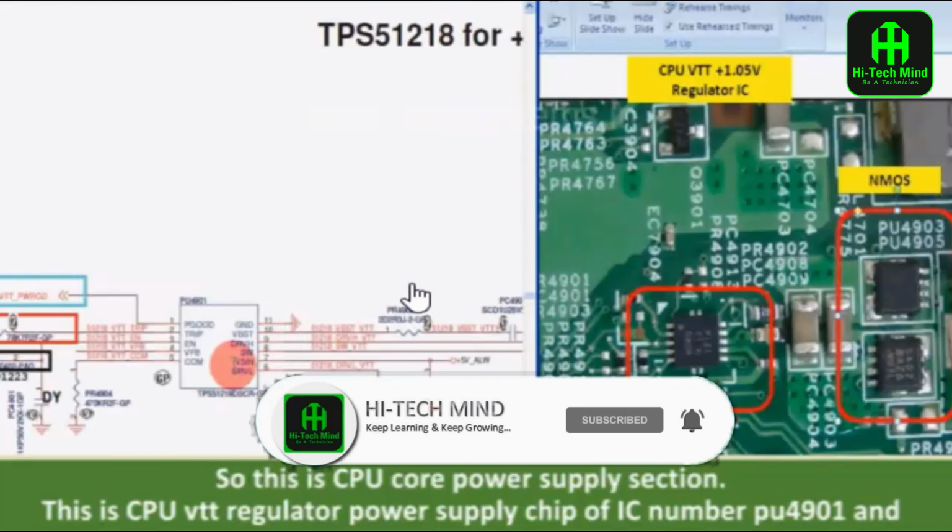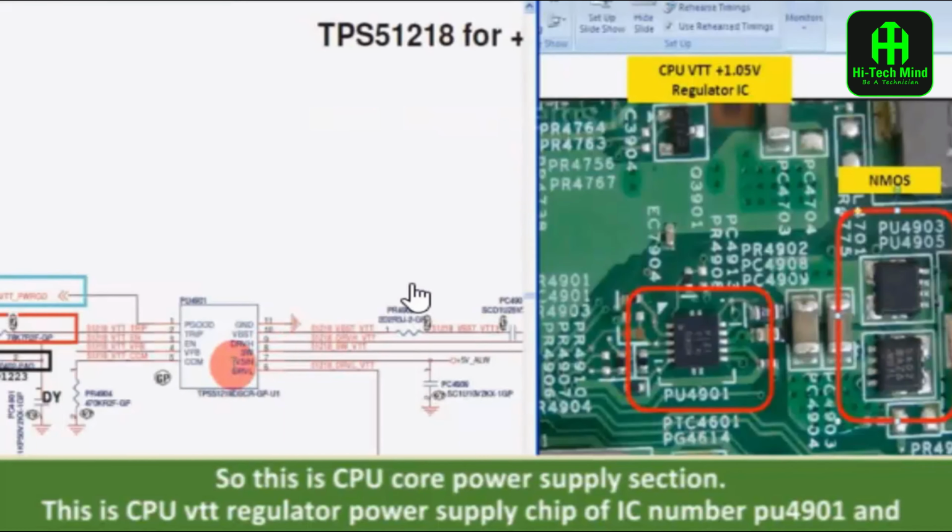This is the CPU VTT regulated power supply chip of IC number PU4901, and also look at the circuit. PU4901 and the IC number is TPS51218.